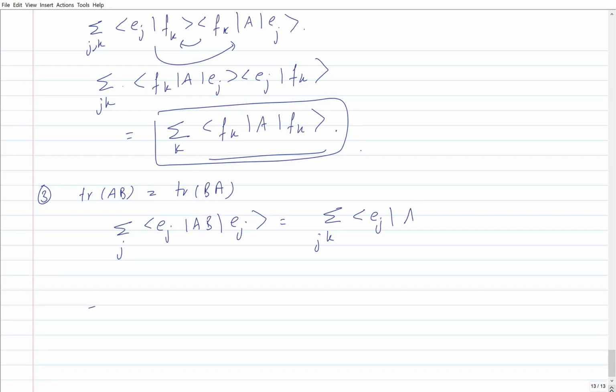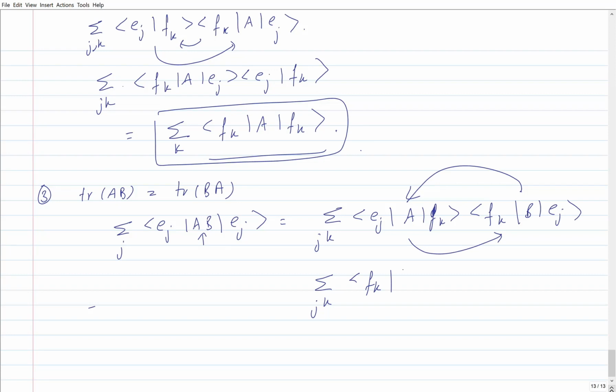ej, A, let me stick an identity over here. So I get fk, fk, B, ej, and then I swap these two. These are just numbers, which gives me fk, B, ej, ej, A, fk.